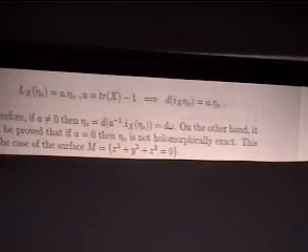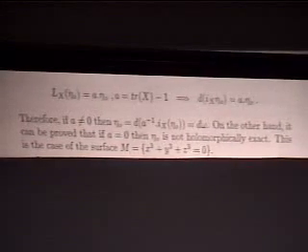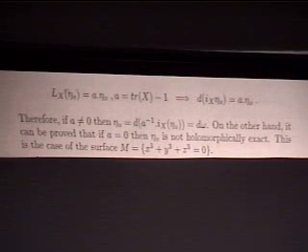So except for this case, in all cases the form eta 0 will be exact, except for the case where A equals 0. And this corresponds to the following, more or less. Let me describe it.